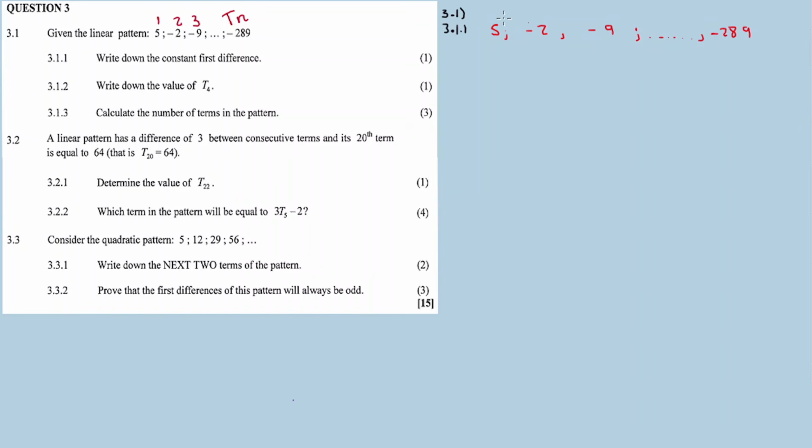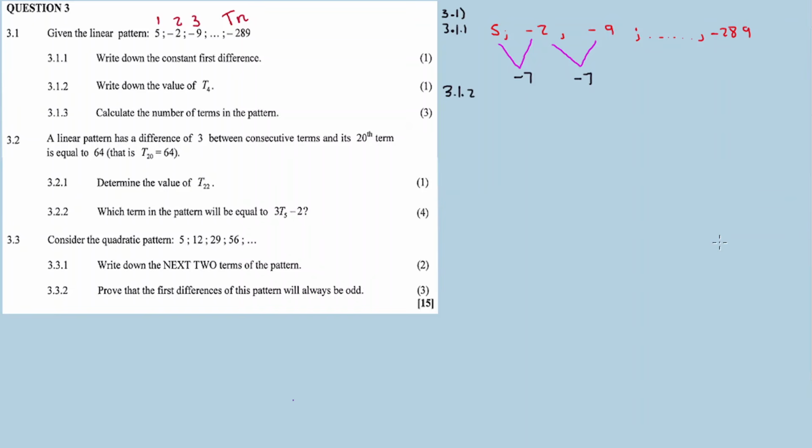What is minus 2 subtract 5? It's negative 7. Negative 9 minus negative 2 is negative 7 again. So the common first difference is negative 7. So the answer is negative 7.